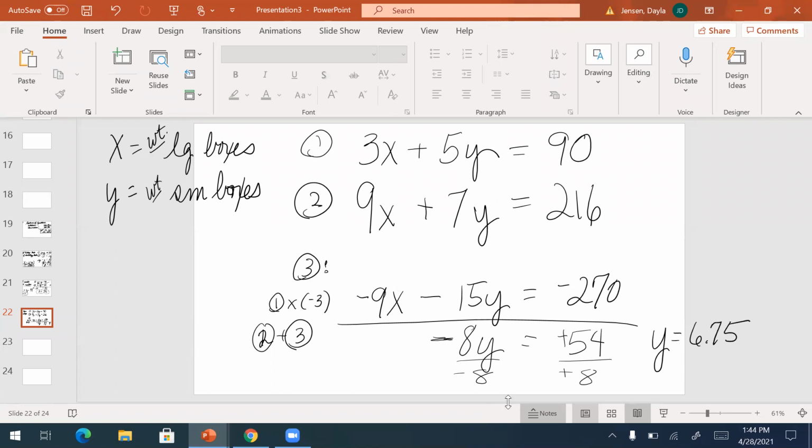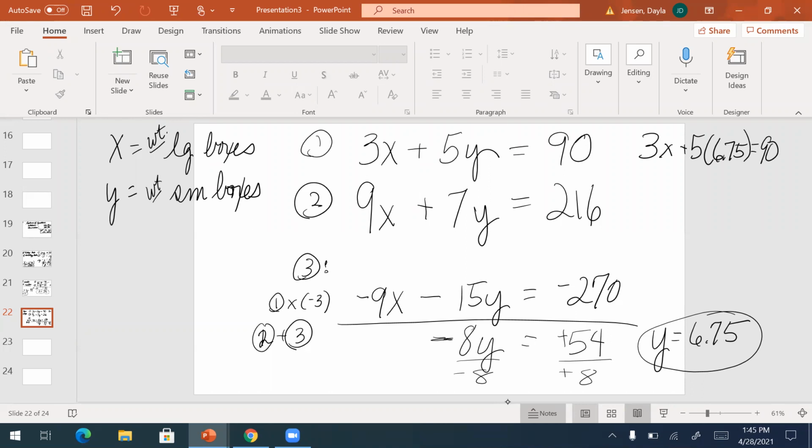Okay, so now I know what y is. Now I need to figure out what x is. So I need to go back to one of those equations, either the first one or the second one, doesn't matter, to find out what x is. So I'm just going to put it in the first. 3 times x plus 5 times 6.75 equals 90.